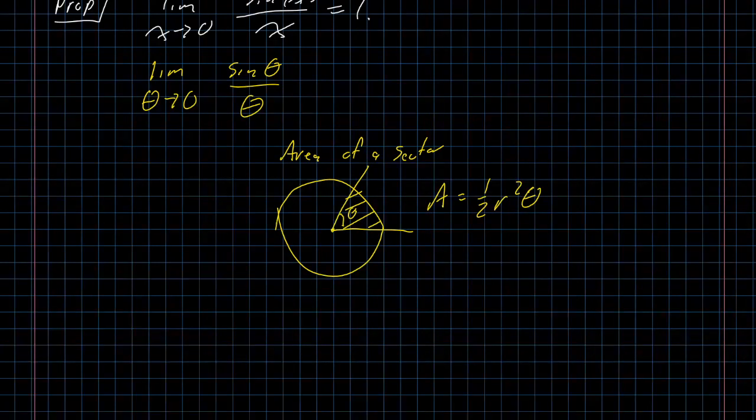That's a common formula in trigonometry. If I look specifically at the sector with radius 1, that means that the area of this thing is theta over 2.